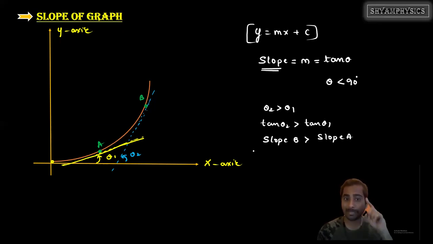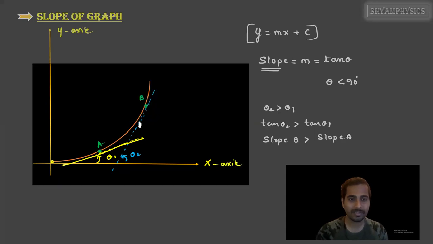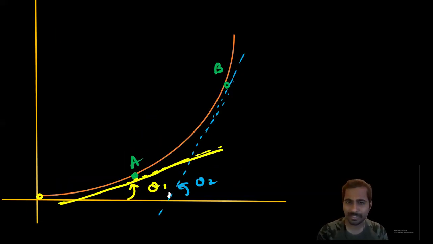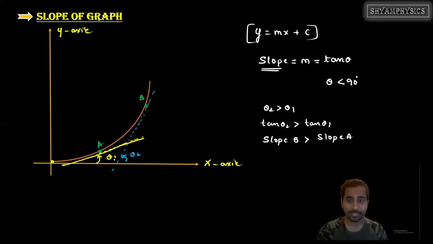At point B the slope is greater. That is, the blue color slope is greater than the yellow color one. You may observe this here. Now the second most important thing: from A to B, is the slope increasing or decreasing? Simple, sir. From A to B, tan theta is increasing.